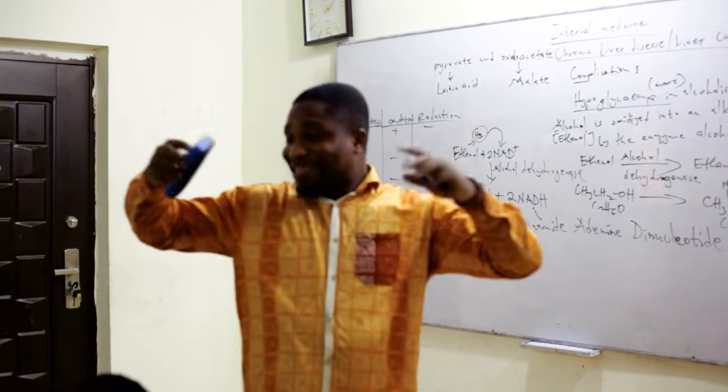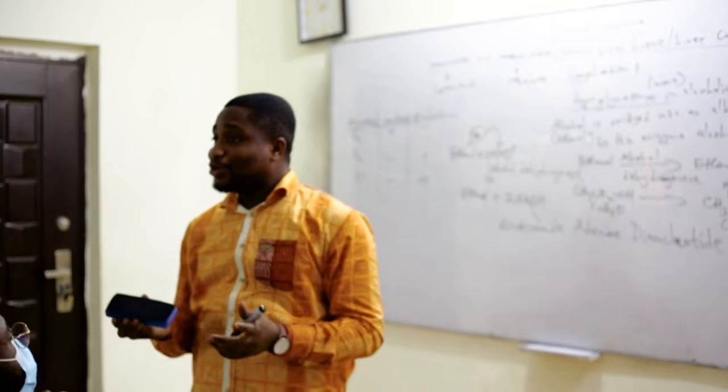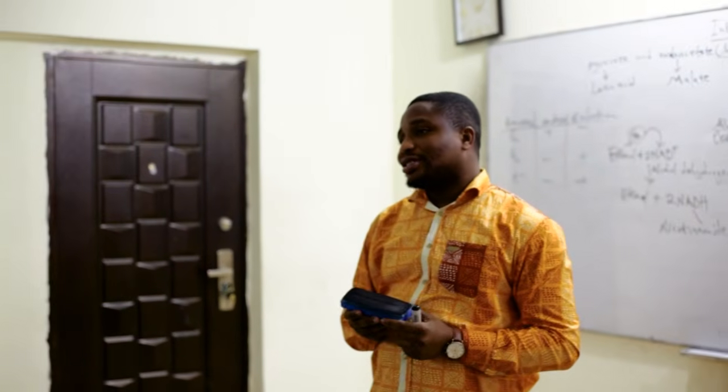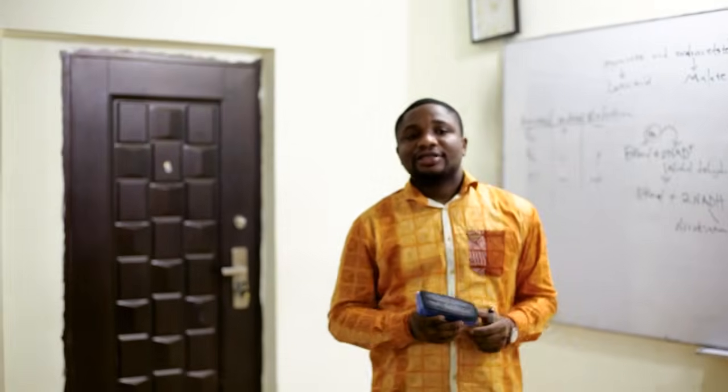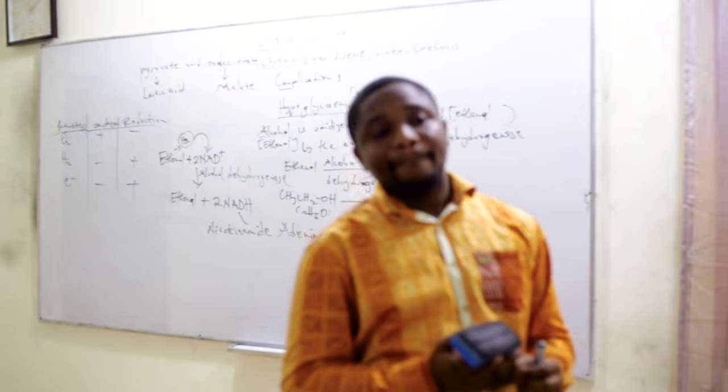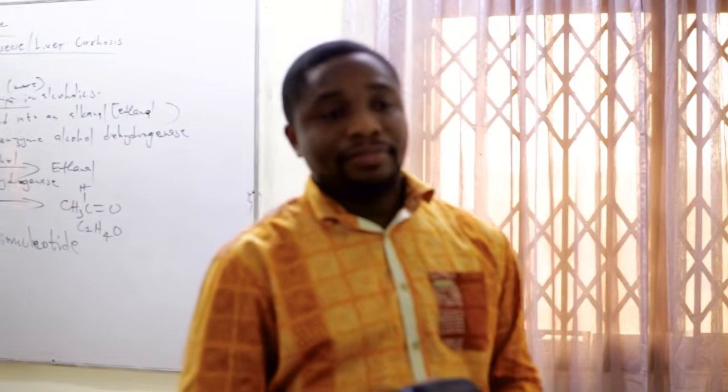The reduced storage, the reduced source of glycogen. Lastly, another source for gluconeogenesis is the fat.